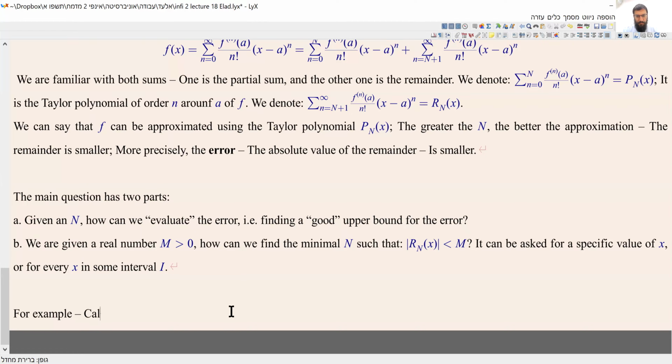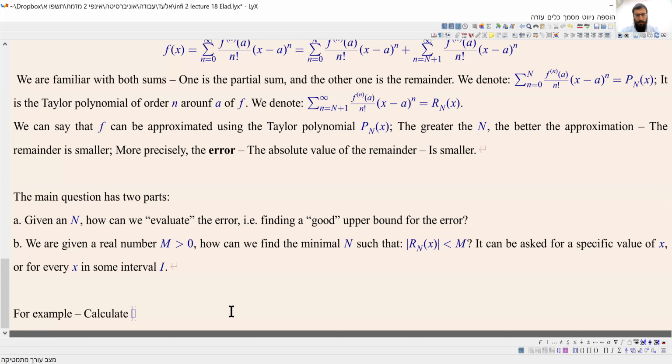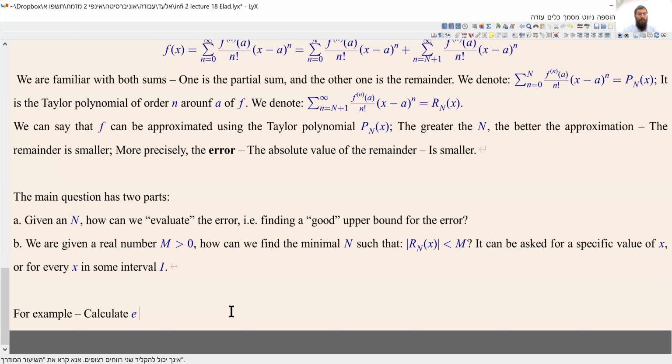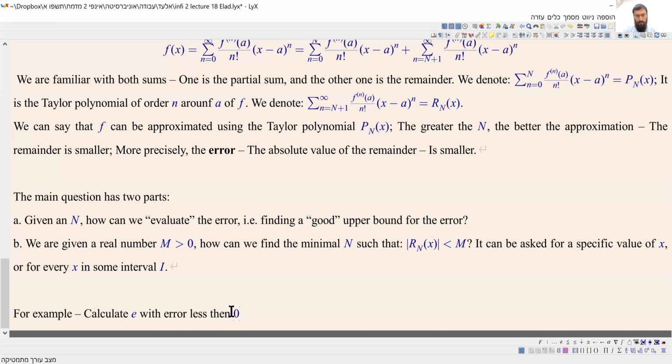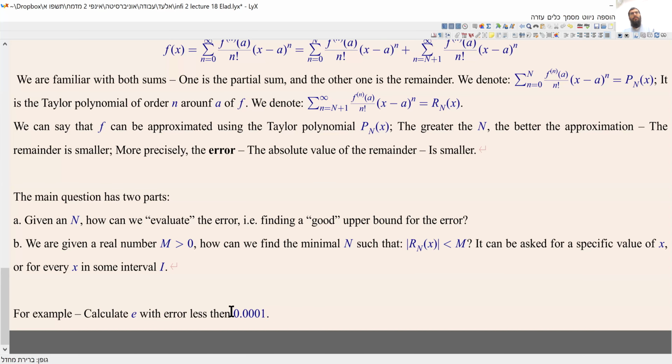Calculate e to the power of 1, with error less than, I don't know, 0.0001.